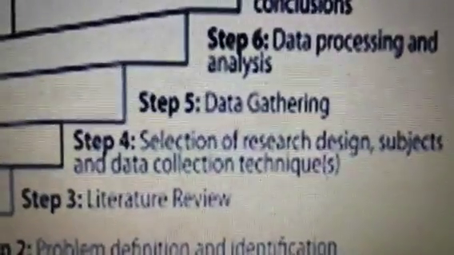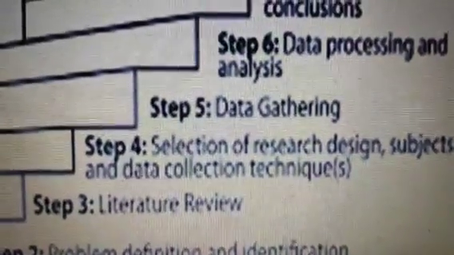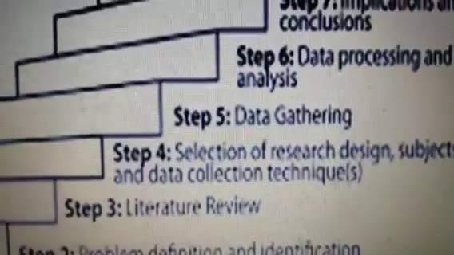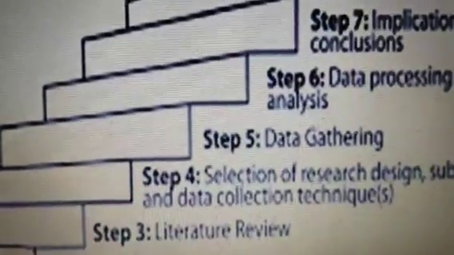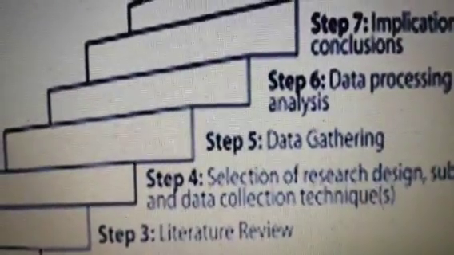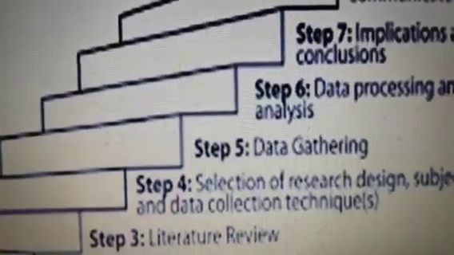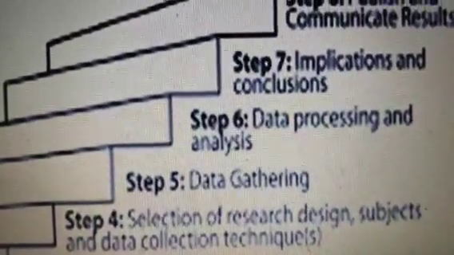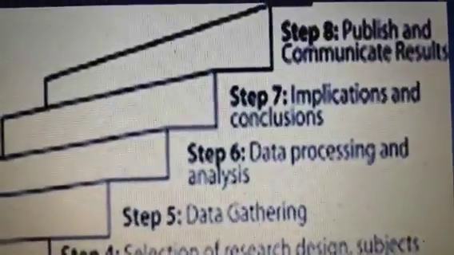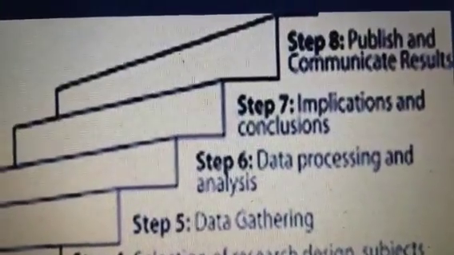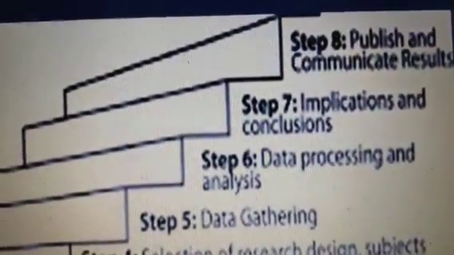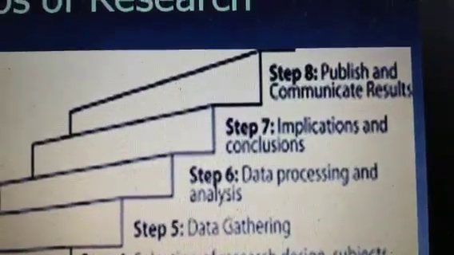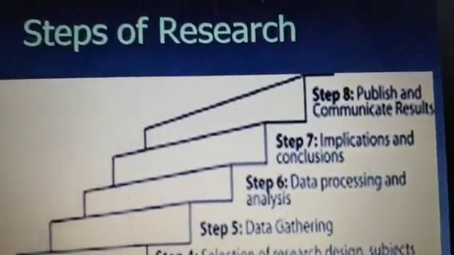Then the fourth step is selection of research design, subjects and data collection techniques. Then the fifth one is data gathering, which I will tell you later on. And sixth one is data processing, analysis, and after that implications and conclusion, and lastly we should deal with publish and communicate results. That is how to write the research.